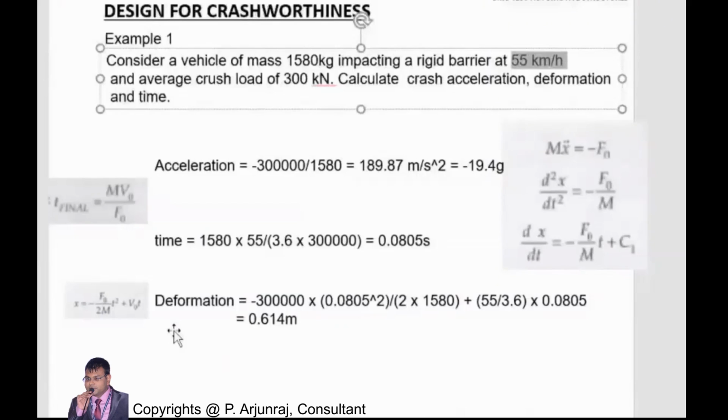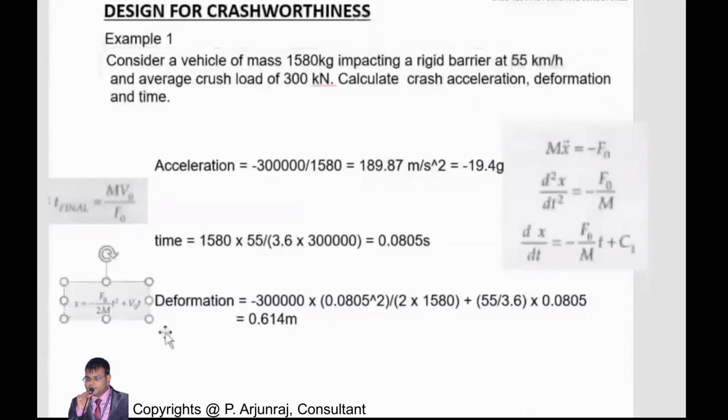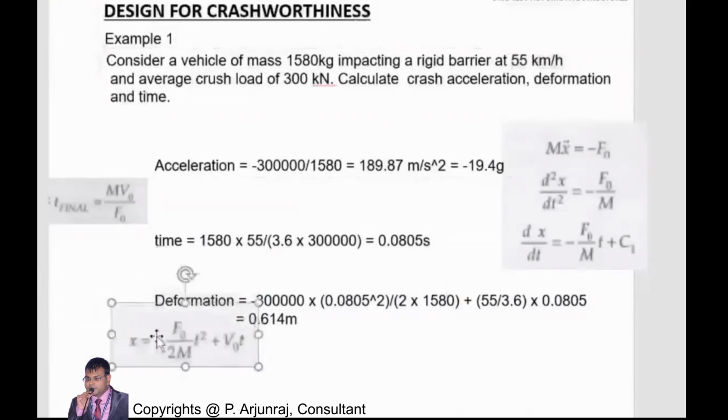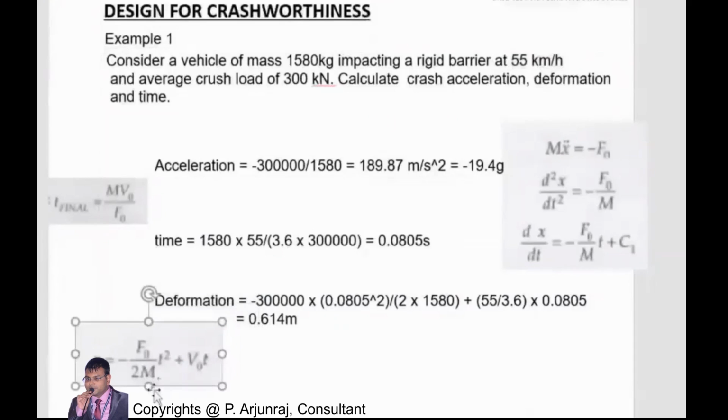It's the deformation. Again, there is a formula which we have seen in the previous slide. Deformation is nothing but x, which is going to be minus F0 by 2m times t square plus v0 times t. We have found what is t here, so time square divided by 2 times mass. Mass would be in kg, so if you want to convert to gram or kg, the units would also vary.